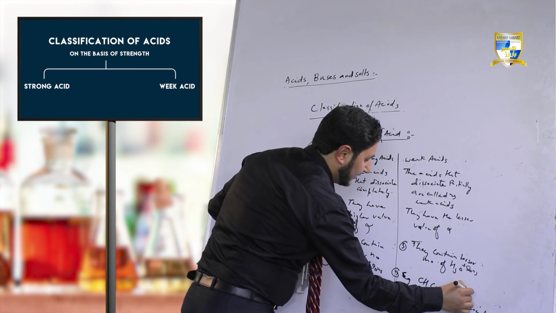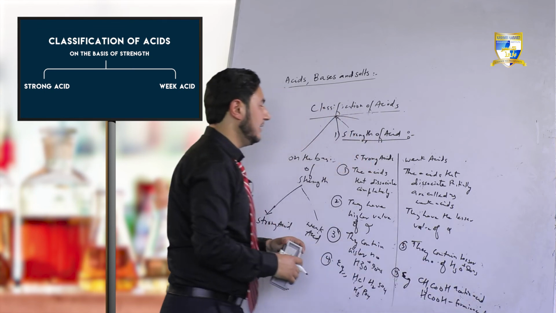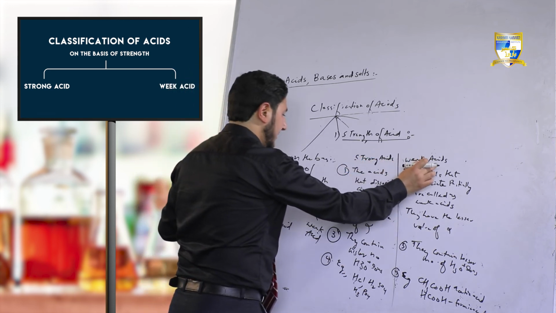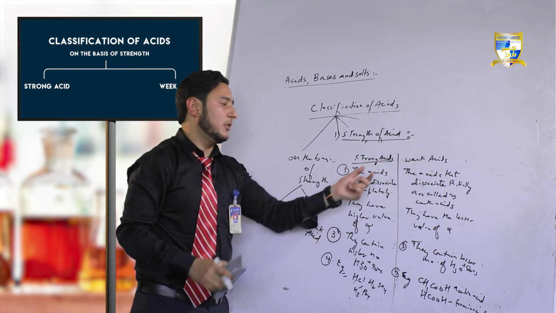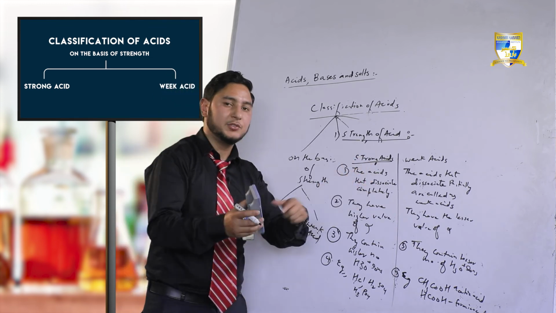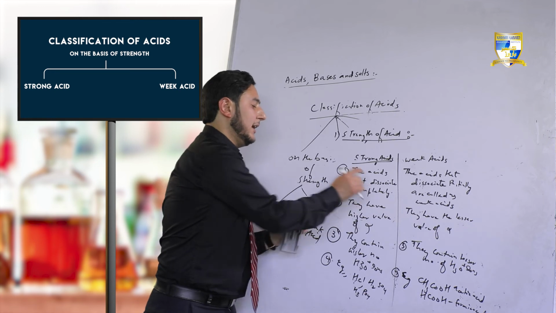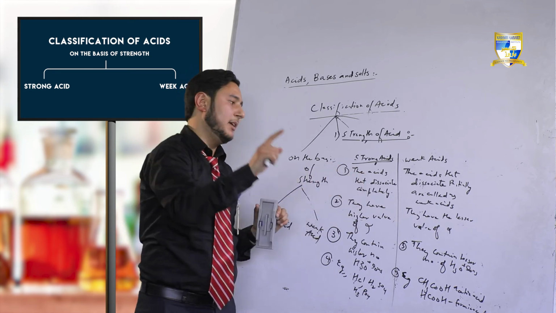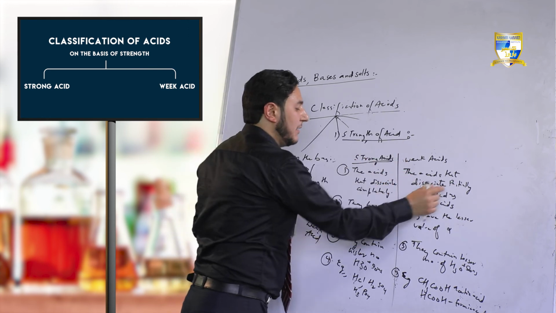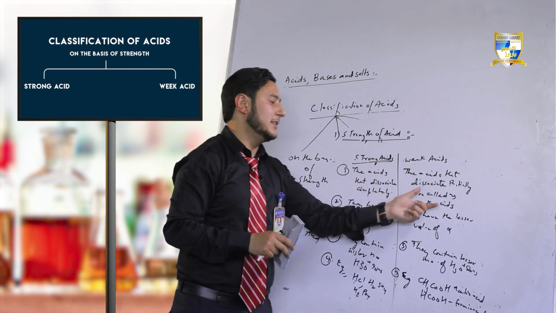So we differentiated between strong acids and weak acids. The acids that dissociate completely, that is they ionize completely in water, their alpha being equal to 1, are called strong acids, and the acids that dissociate partially are called weak acids.